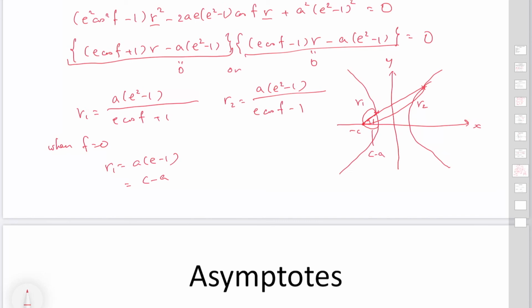And r sub 2 equals a (e plus 1), so c plus a. So this is a, this is c. This point has distance c plus a. Okay, so we can express the hyperbola with polar coordinates.